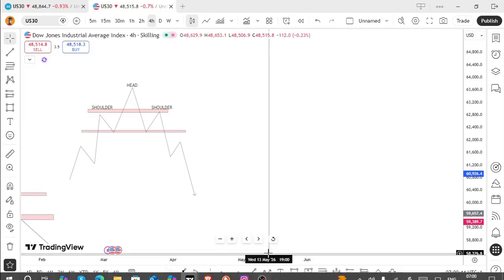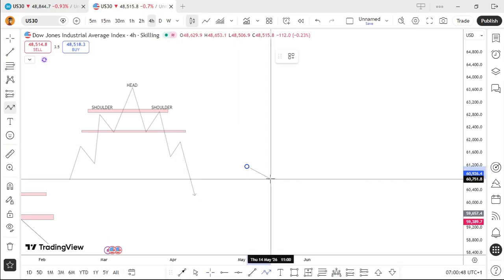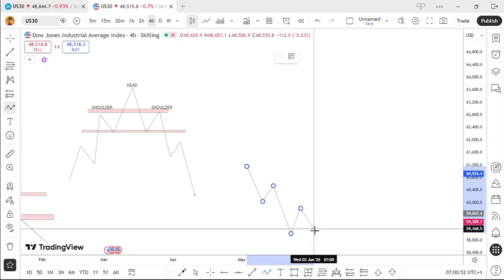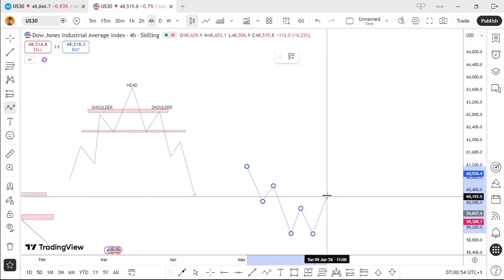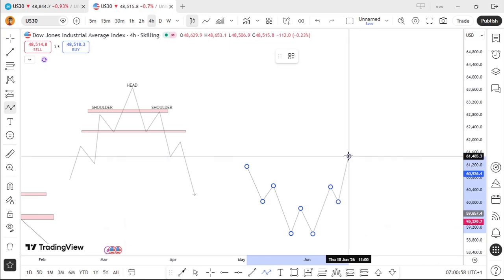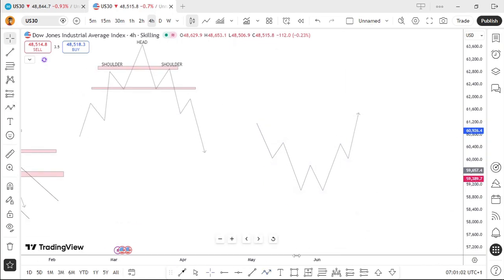So when the market is moving in a bearish form, we call it a double bottom. It's known as double bottom.